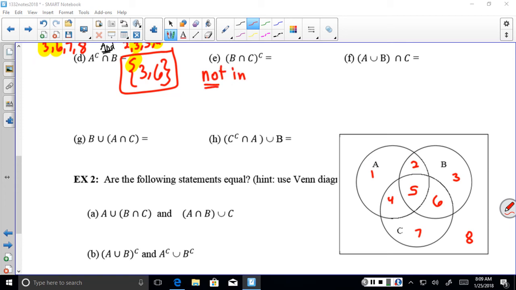Which of these numbers are in circle B and in circle C? 5 and 6. So basically it's not 5 and 6. If it's not 5 and 6, then it's the set containing everything else: 1, 2, 3, 4, 7, 8.